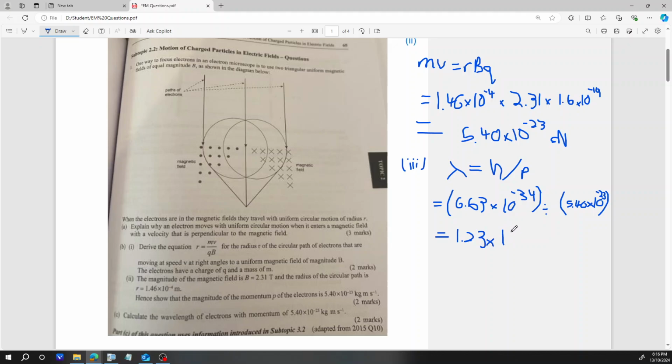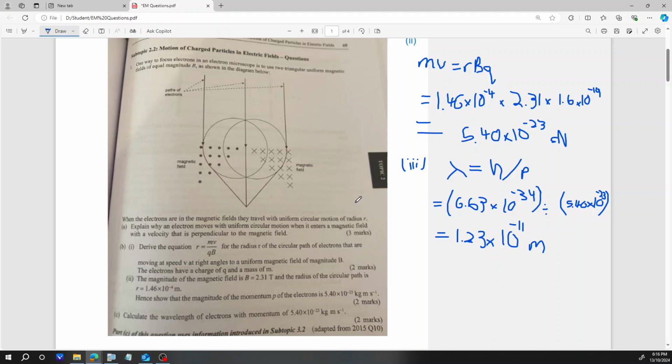It also looks correct because that's the wavelength range of X-rays, which is about 10 to the minus 10 to 10 to the minus 12. So that's in the ballpark of what we're looking for.